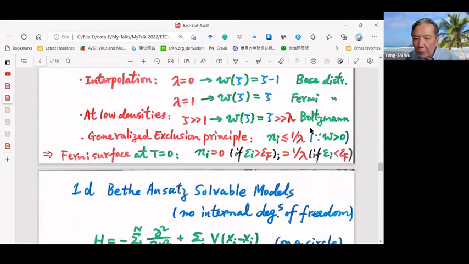At low density, actually, the distribution comes back to the Boltzmann distribution at very high temperature.